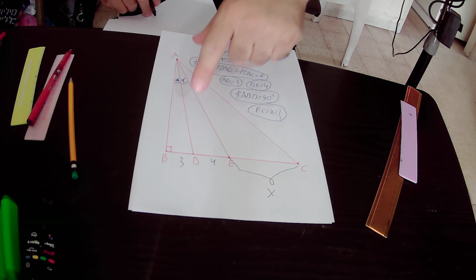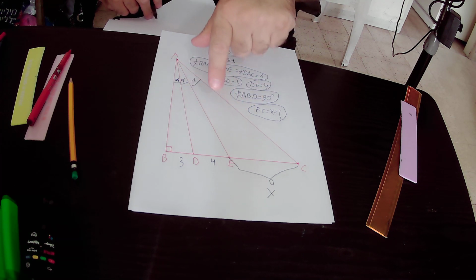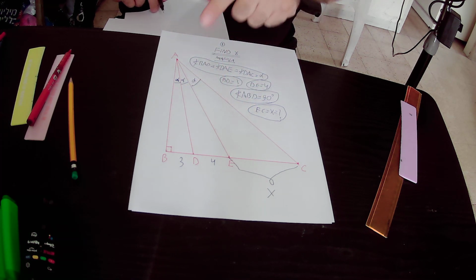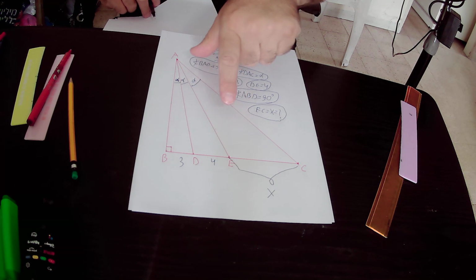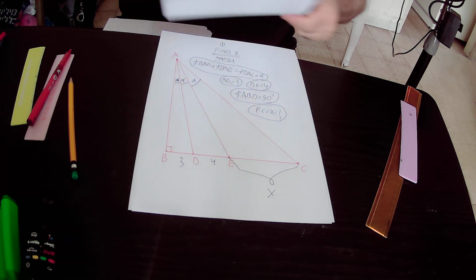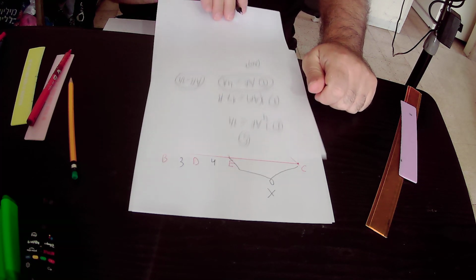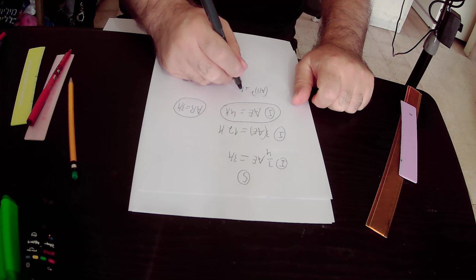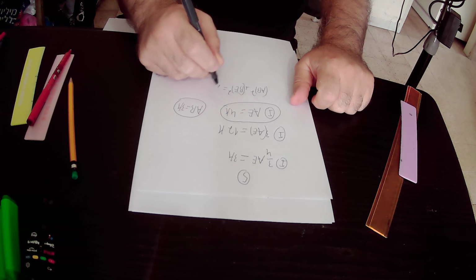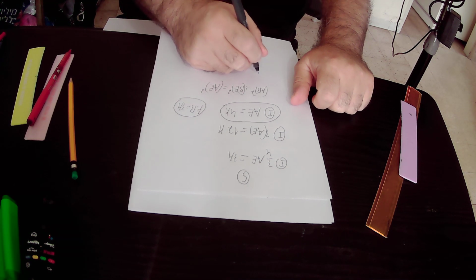That is to say, AB square plus BE square equals AE square. That is according to the Pythagoras theorem.